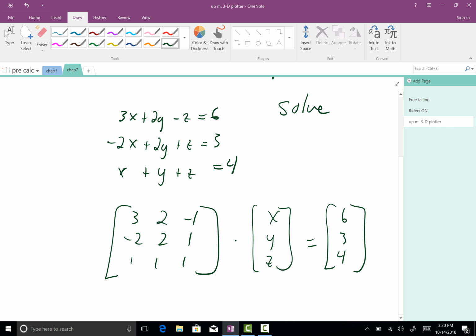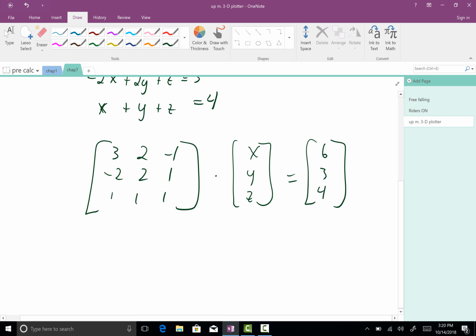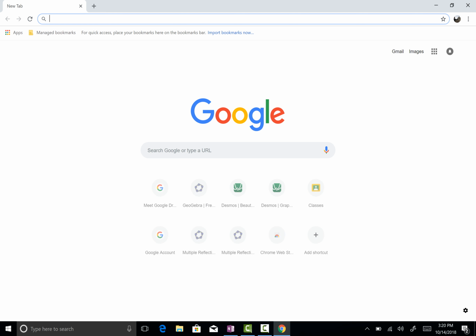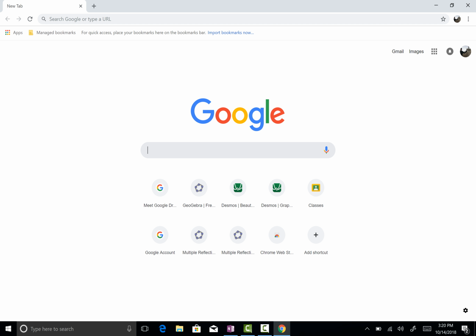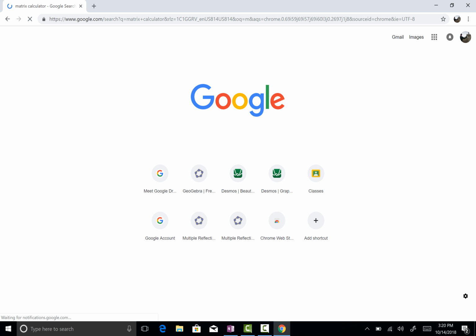And then what we want to do is use our matrix calc, the application that we found. So we should have that available. So we're going to go to matrix calc. There it is.